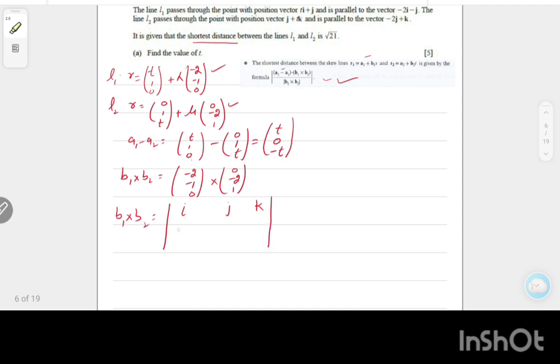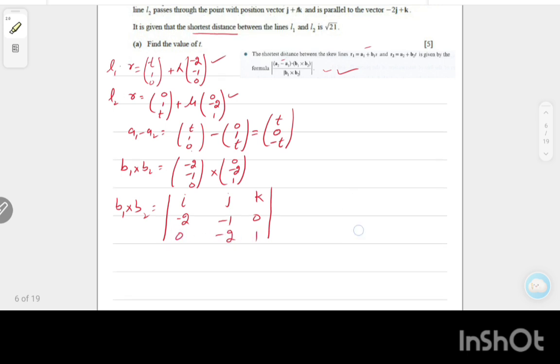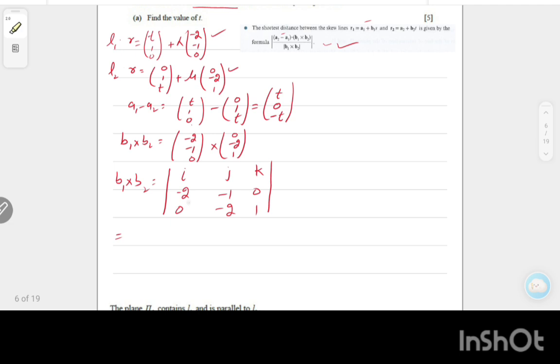The i row is minus 2, minus 1, 0. The j row is 0, minus 2 and 1. When we find the i term, we multiply minus 1 by 1, and minus 2 by 0. Then minus j.